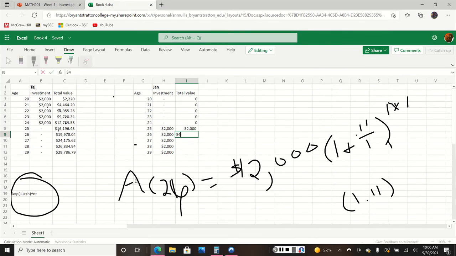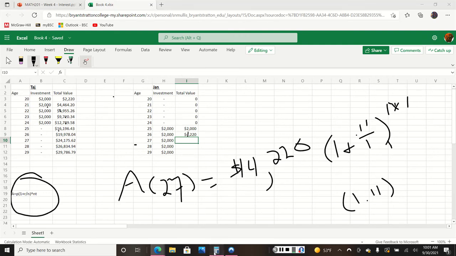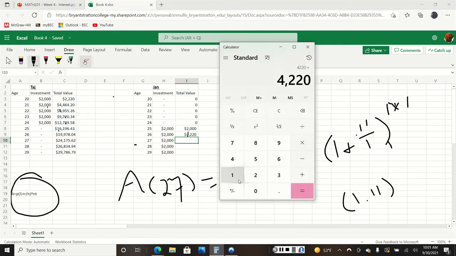So moving on to age 27, we start off with $4,220, and we're just going to multiply that times 1.1, and that gives us $4,684.20.